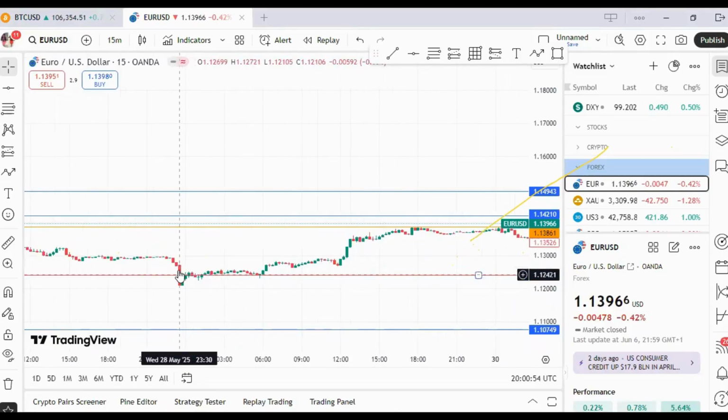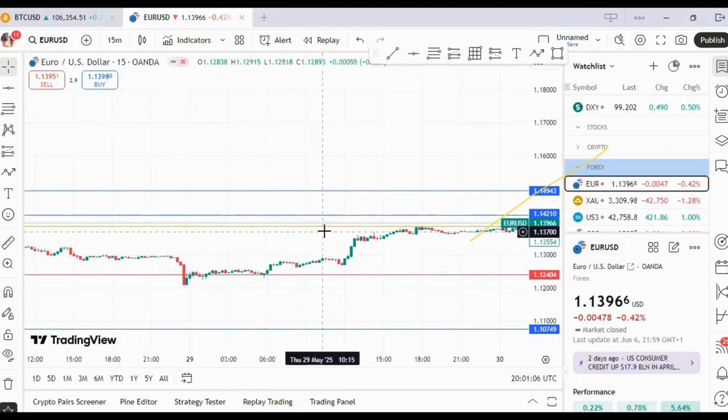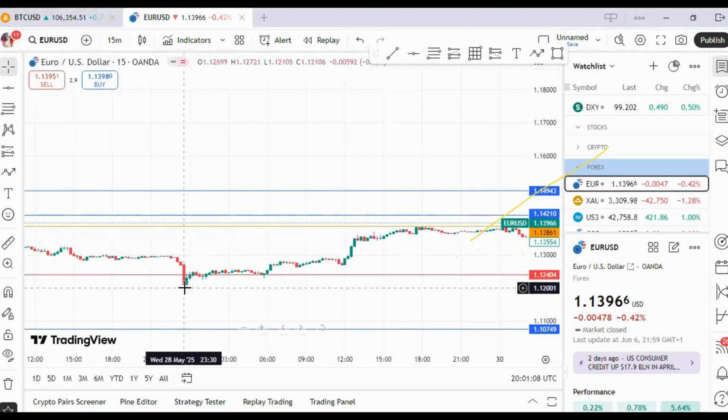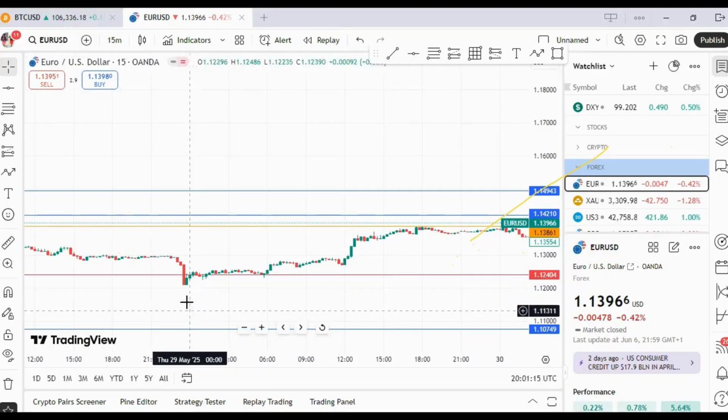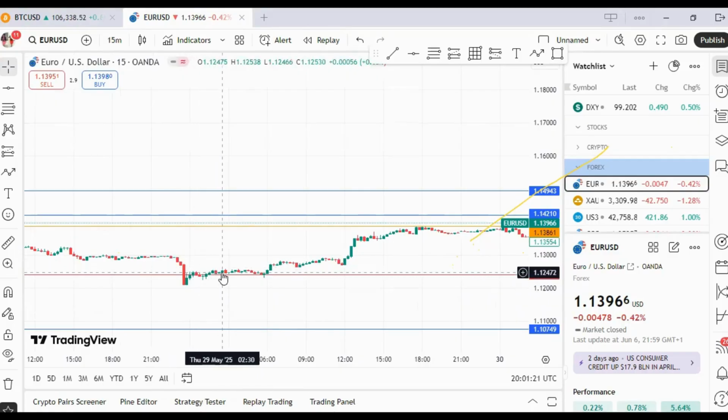After breaking this support, sellers are waiting to sell when it breaks their supports. But what did it do? It broke their support and went back up and started buying. That is why you need to wait for it to retest here and start pulling back down before you take your sell. But look at what he did. He did a false breakout, went back up, broke here, consolidated. Another way for you to get your entry.